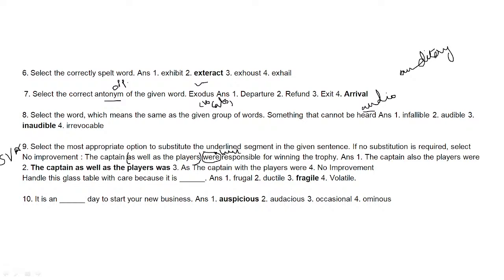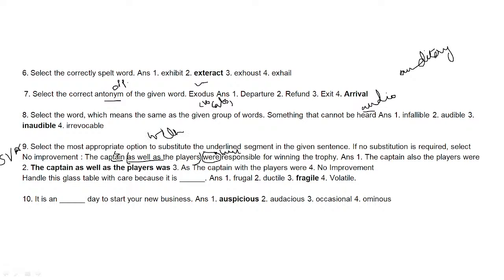Were is a plural form of be, past tense. But it is not grammatically correct. Why? What is the reason behind that? The reason is the captain is the main subject when we have words like as well as and also with.